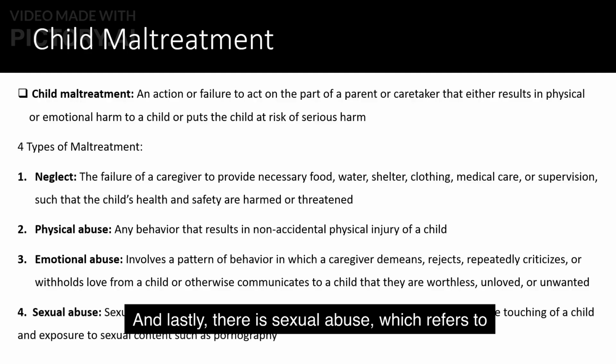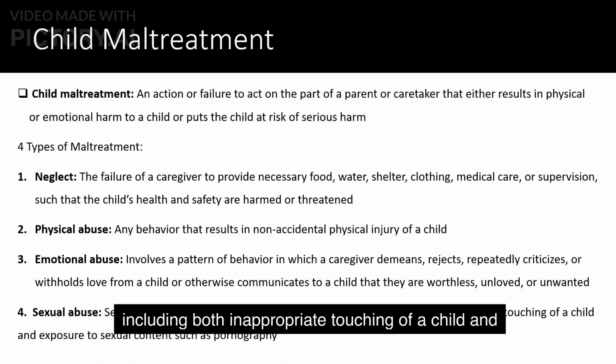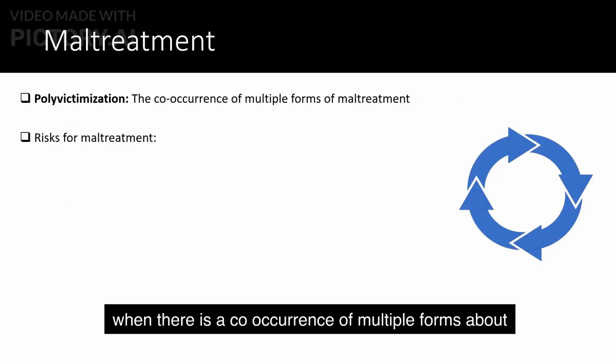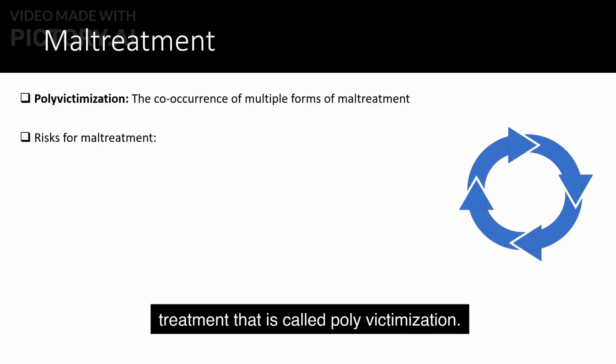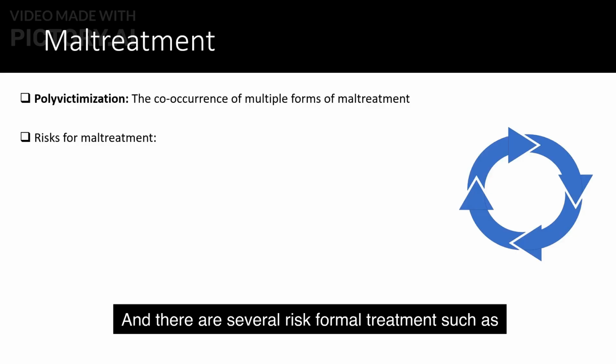And lastly, there is sexual abuse, which refers to sexual acts or sexual exploitation involving children, including both inappropriate touching of a child and exposure to sexual content such as pornography. When there is a co-occurrence of multiple forms of maltreatment, that is called polyvictimization.